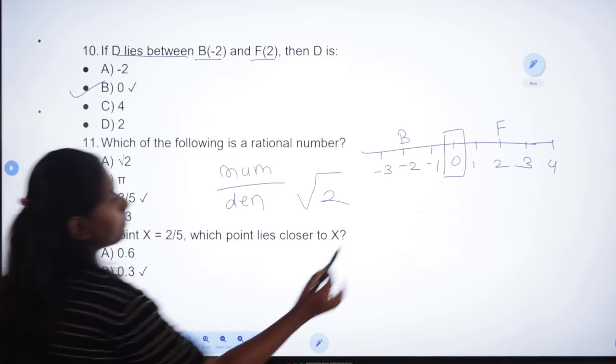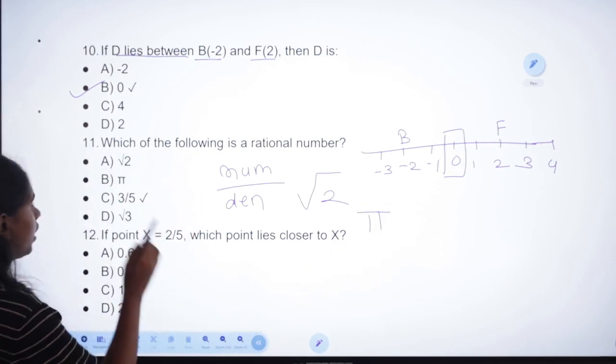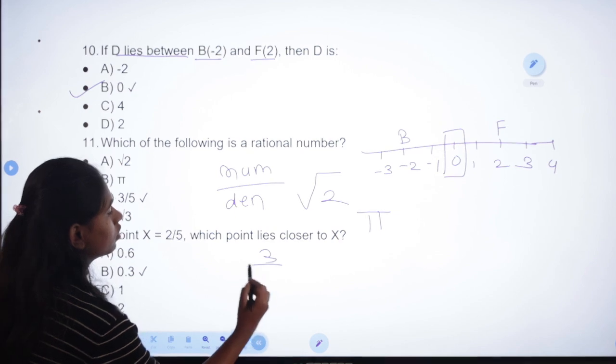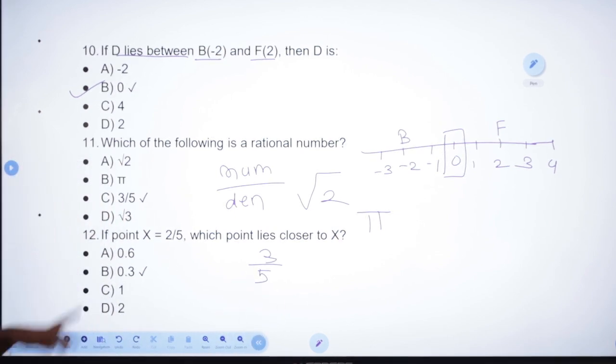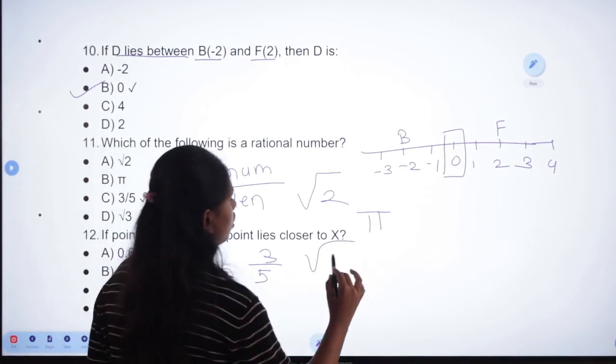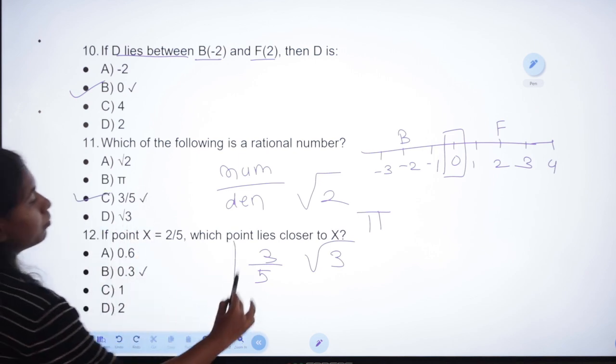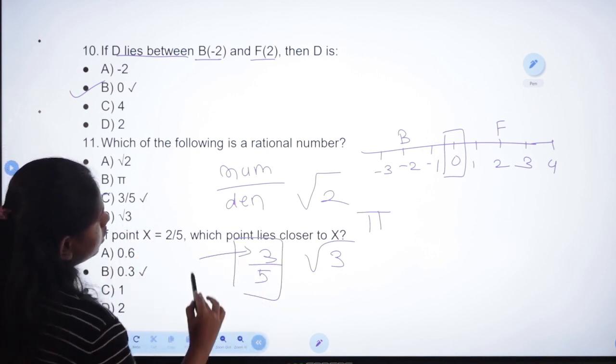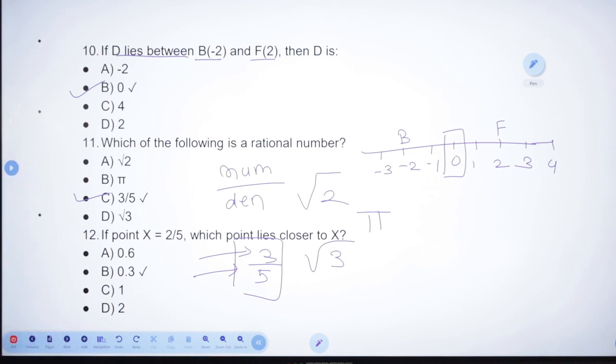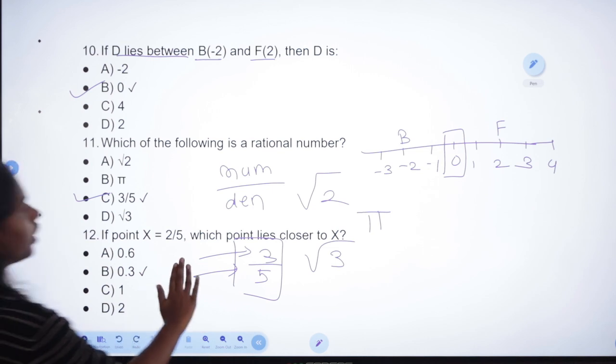This is pi, and this is 3/5, and this is √3. Okay. Now which one has the numerator and denominator? That is option number C, that is 3/5. Here the 3 is numerator and 5 is denominator.